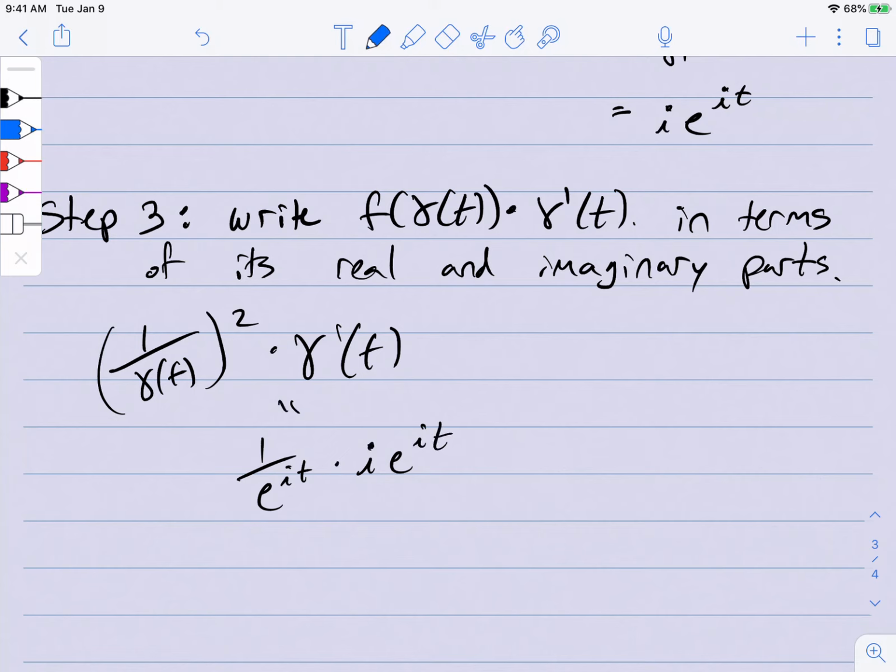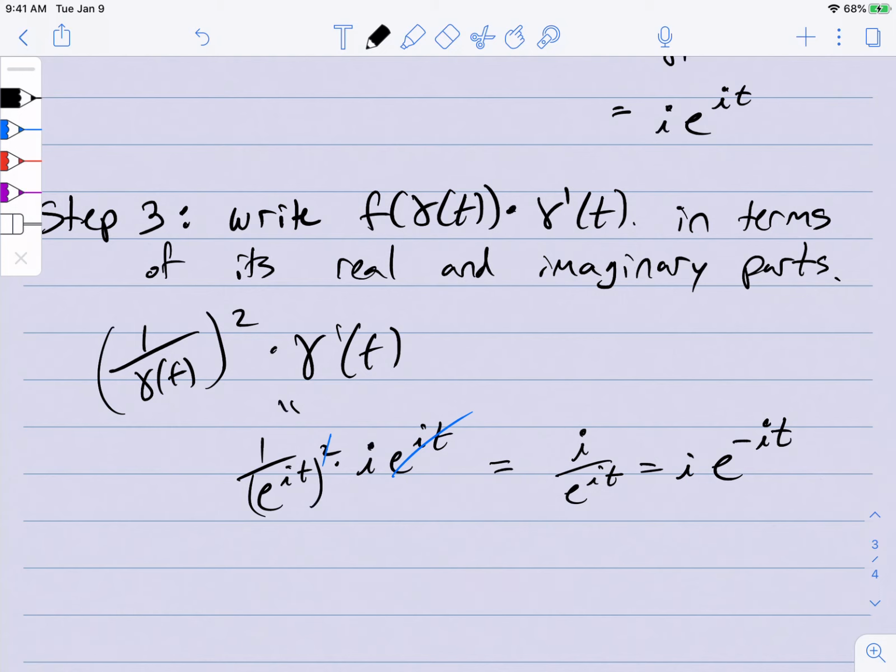So let's see, I should have had the squared here. So one of the denominators cancels with this e to the it, and this is then equal to just i over e to the it, which is i e to the minus it.